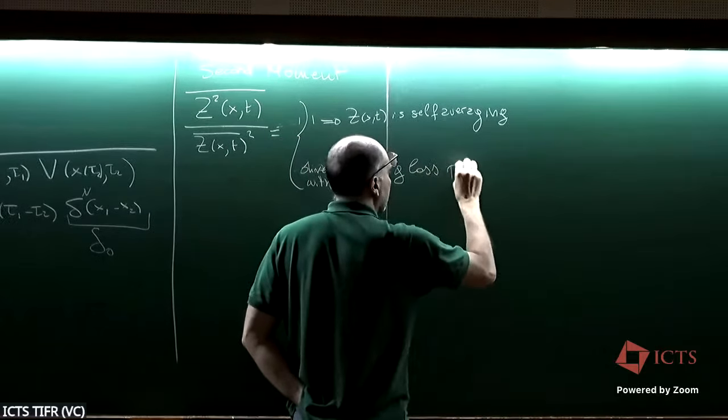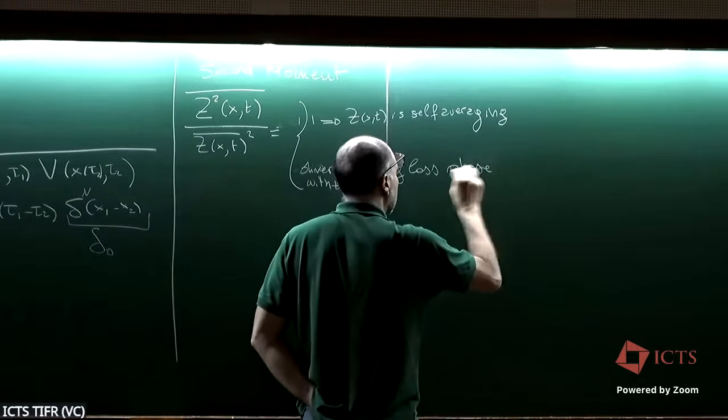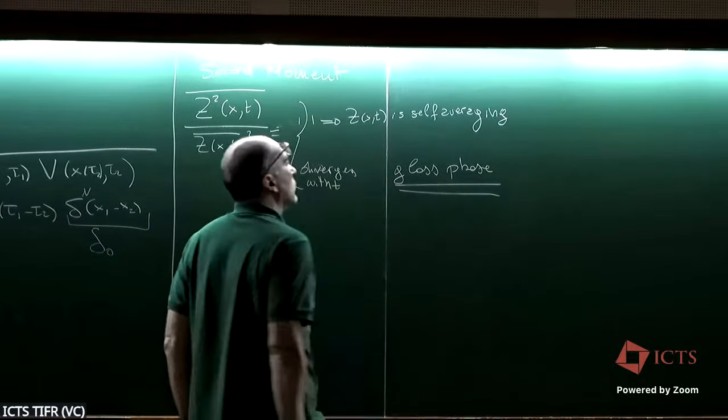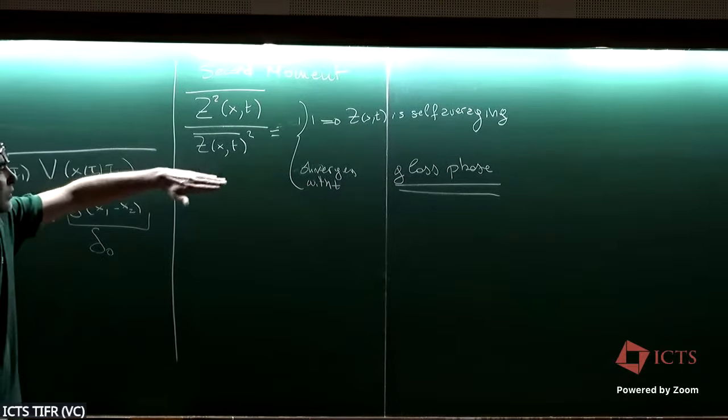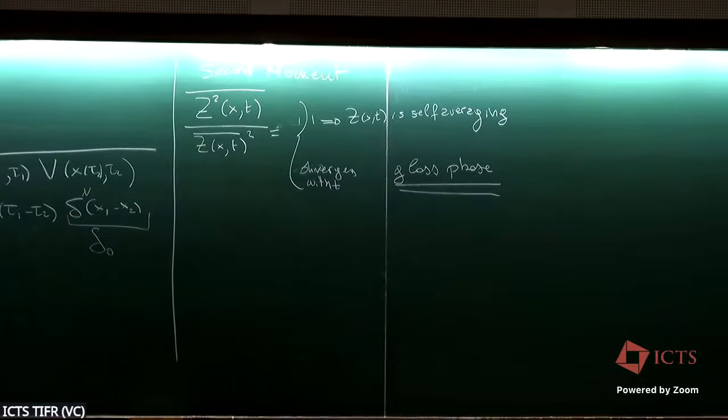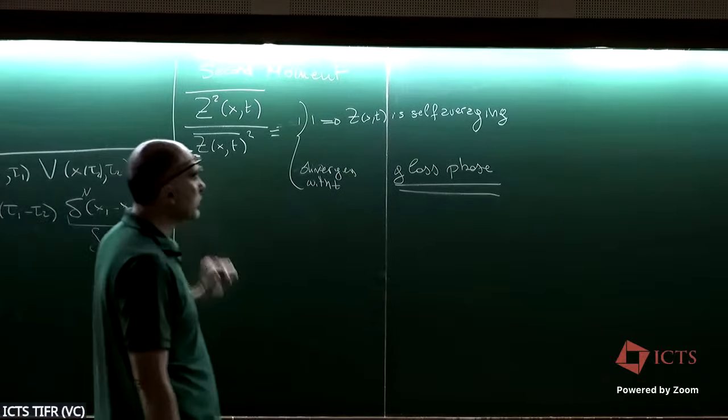Glass phase, not transition, glass phase, okay? So there is a strong difference between quenched and annealed, and you are dominated by these rare fluctuations, and so this is where you have the glass phase. Okay, so let's compute the second moment.